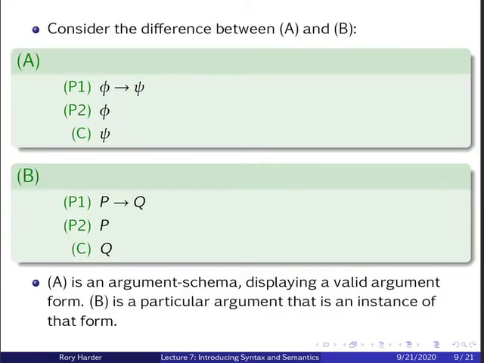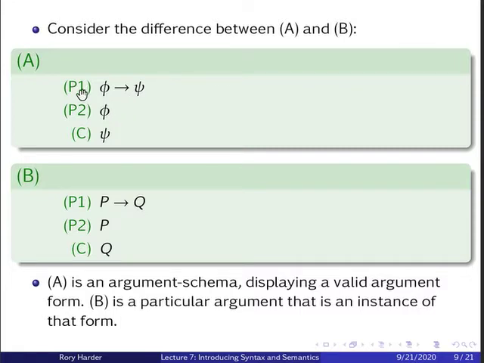To elaborate this further, because this is a crucial point that you have to understand, the use of variables in our logic, I want you to consider the difference between the argument in A and the argument in B. In A, we have a simple representation of what we've called modus ponens.